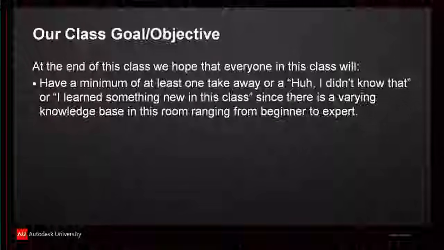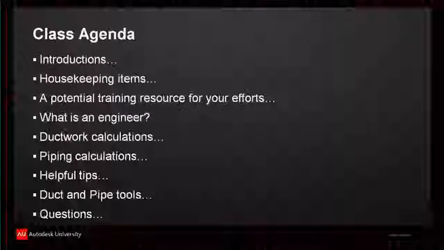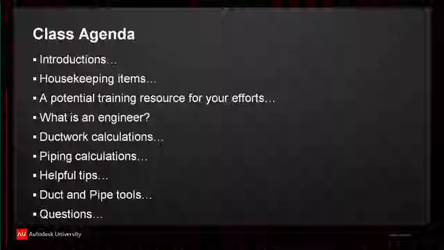Let's say intermediate level is 3 to 5. Advanced, more than 5. Okay, so we have a few advanced. So hopefully, Adam and I are hoping that at the end of this presentation, you can at least take one thing away that you didn't really know. That's our overall objective of this class. So we put together an agenda and these are some of the items that we're going to discuss.